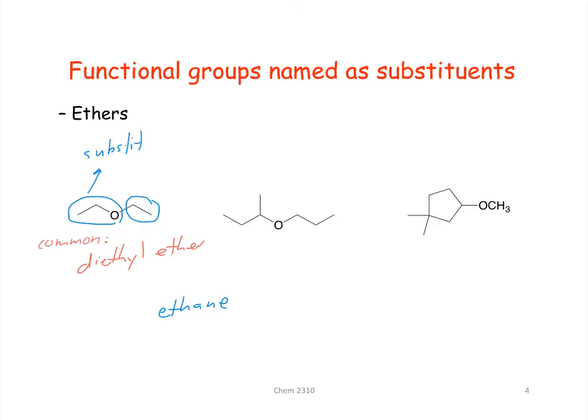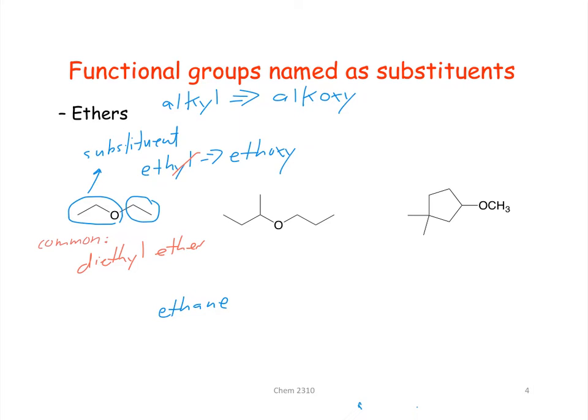Right? A substituent, remember, is something that's attached to the parent. So what we do here is we look at the alkyl group. So this is ethyl, right? But there's an oxygen on it. So we're going to cross out this YL, and we're going to add oxy. So ethoxy. Okay, if we look at this in generic terms, we have an alkyl group, and we change that to alkoxy.